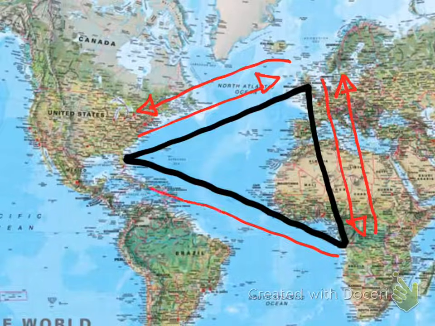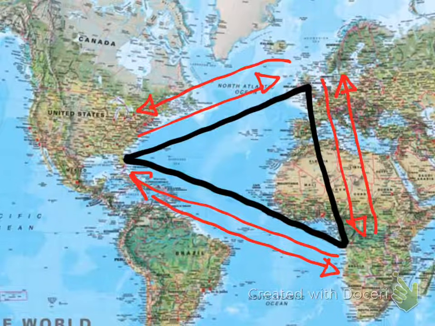And while we certainly had slaves coming from Africa to the Americas, we also had items like rum moving from the Americas to Africa. So it was a triangle trade, and all the trade routes did go in both directions.